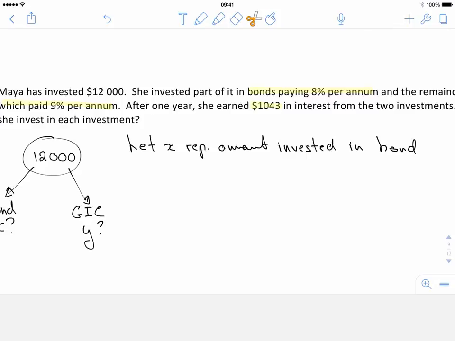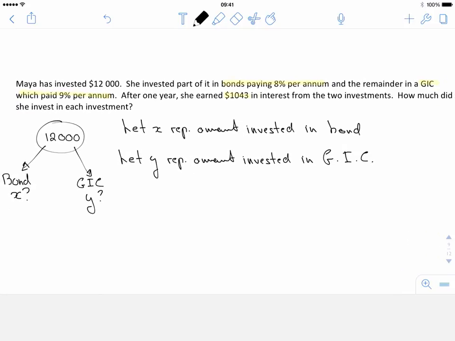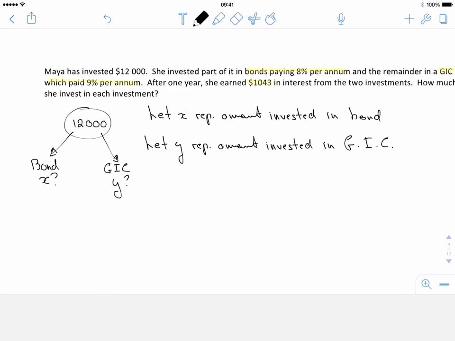So just copy this, paste it again, because we're changing very little. And over here, I'm going to just erase the x and erase the bond and put y in GIC. So there we have it. Those are our x and y values defined, and now we want to come up with our equations.